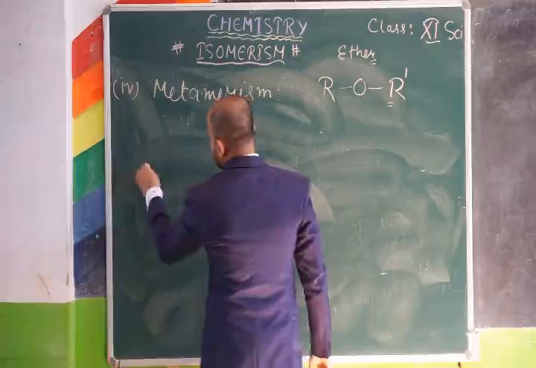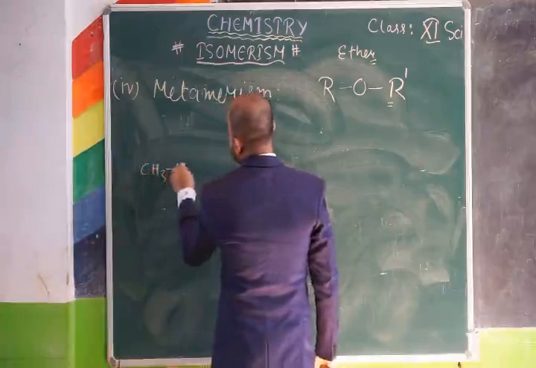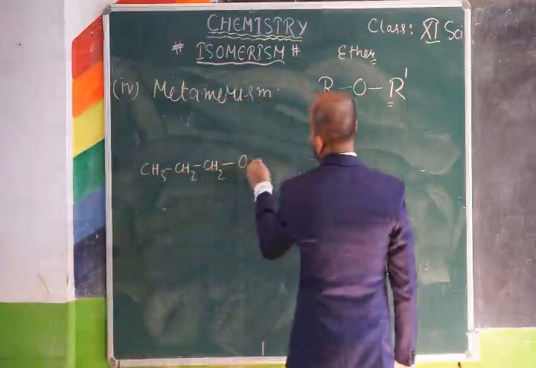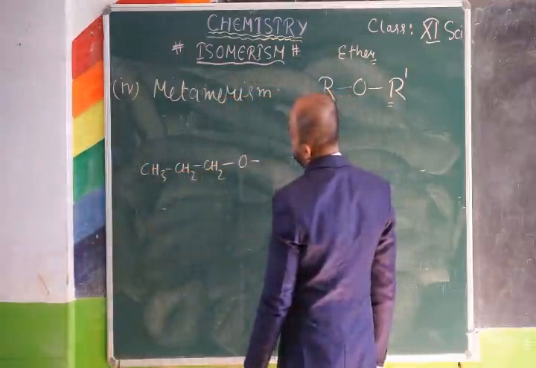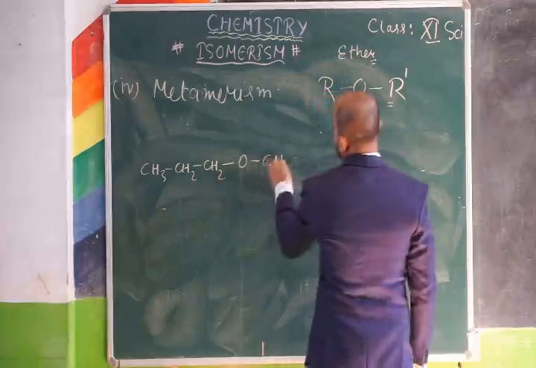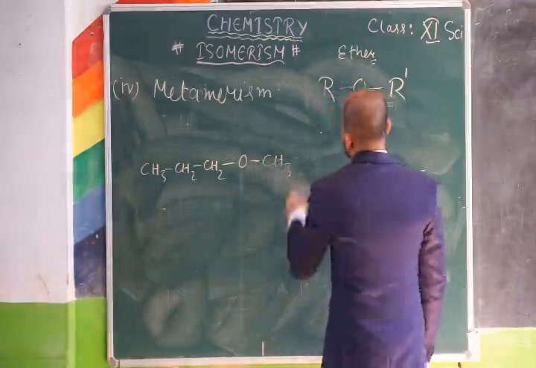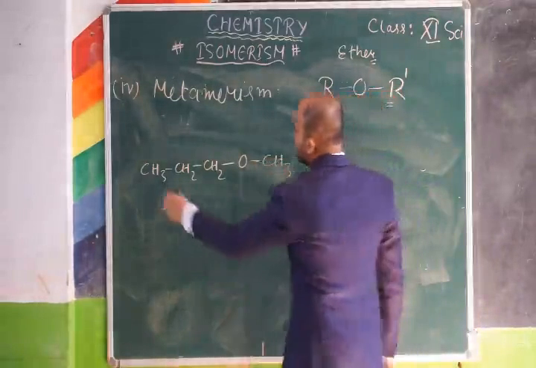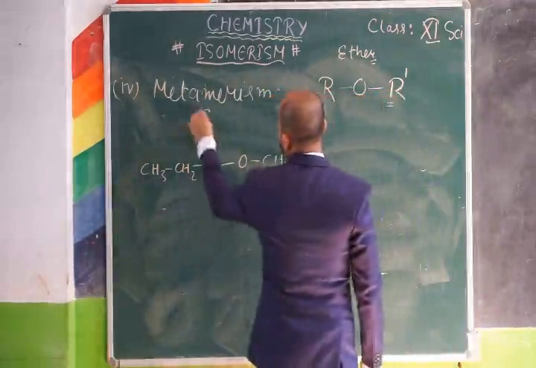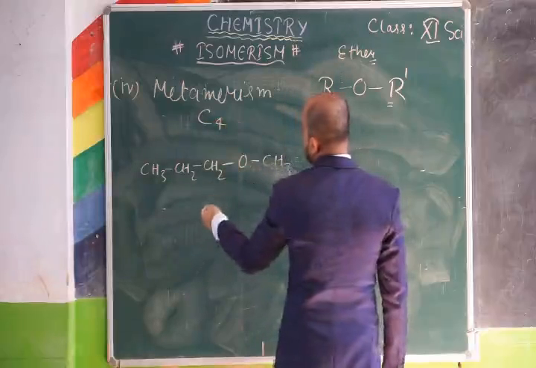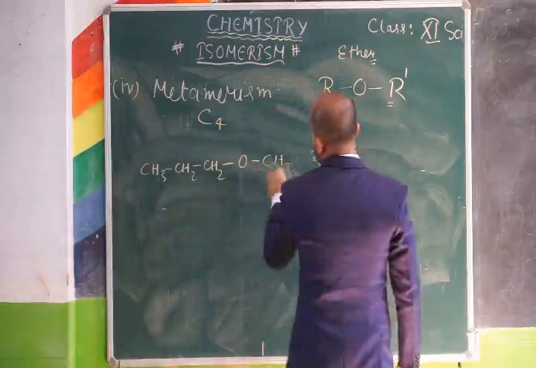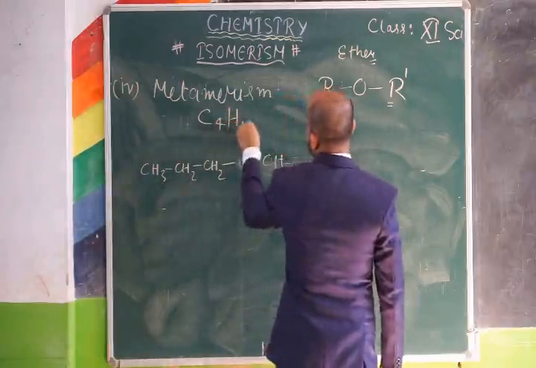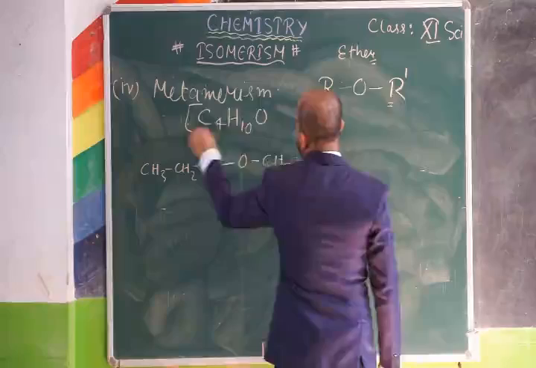Let's take this example where we have CH3, CH2, CH2, O, and CH3. Now how many carbons are there? 1, 2, 3, 4. 4 carbons. How many hydrogens? 3, 6, 7, 8, 9, 10, and 1 oxygen. So this is the molecular formula.